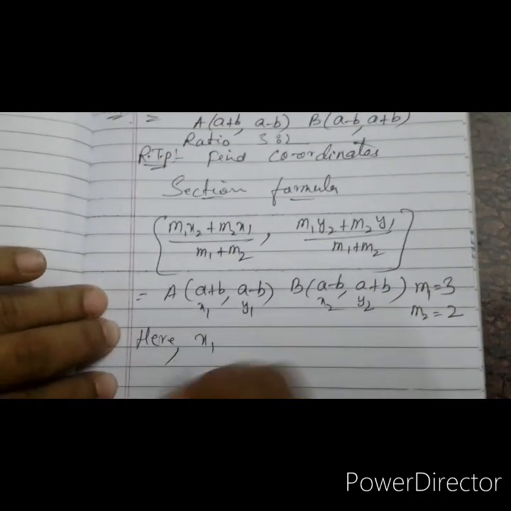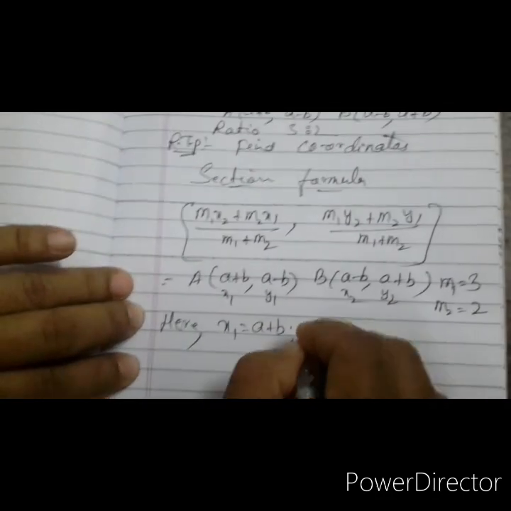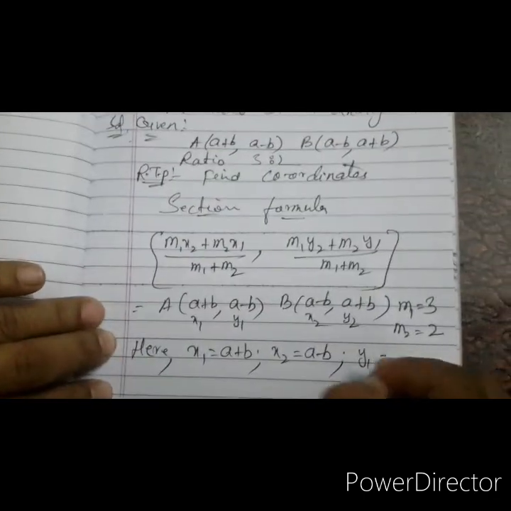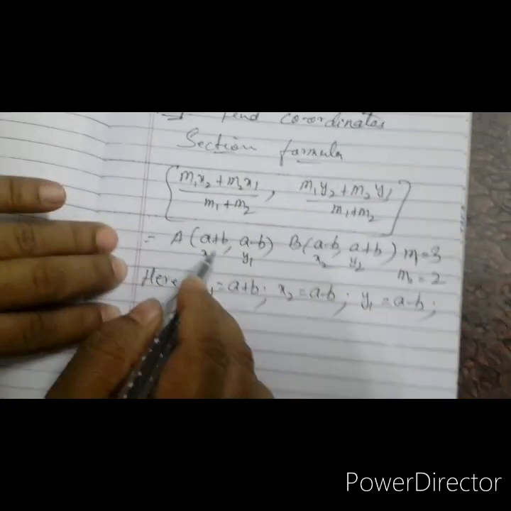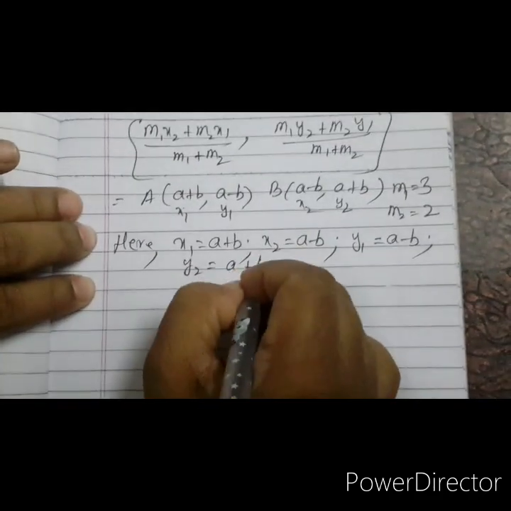Here, x1 equals a + b, x2 equals a - b, y1 equals a - b, and y2 equals a + b.